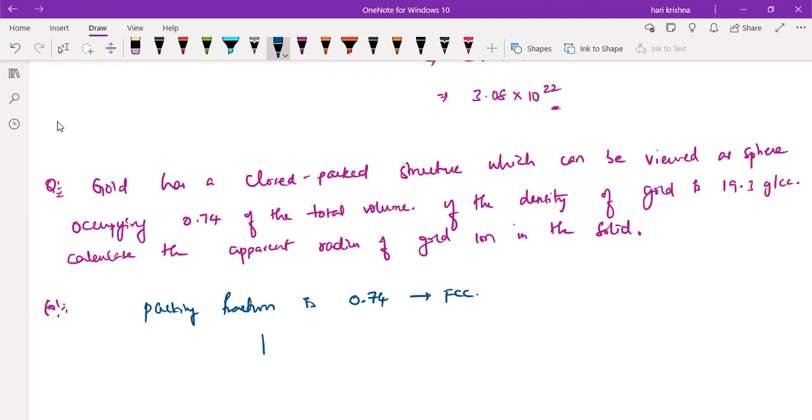And density they have given as 19.3 gram per cc. With the help of this, you can calculate the apparent radius of the gold atom.